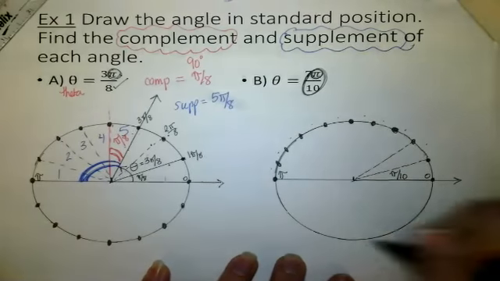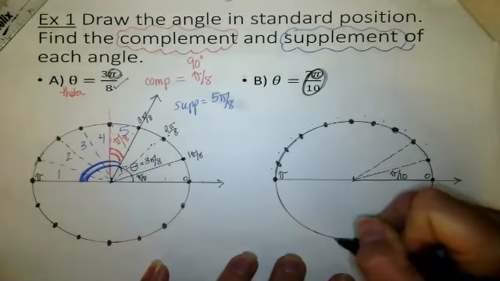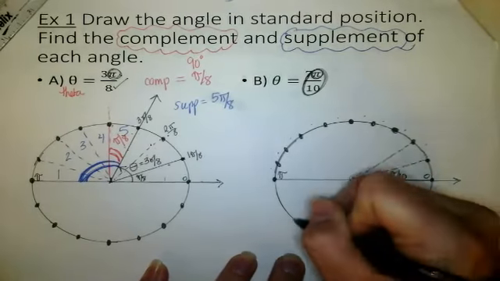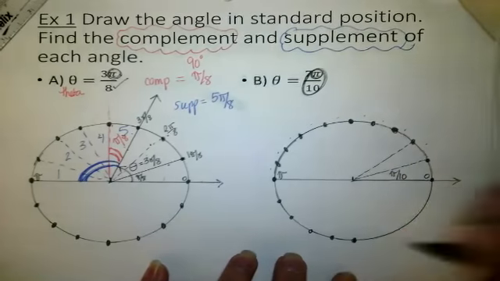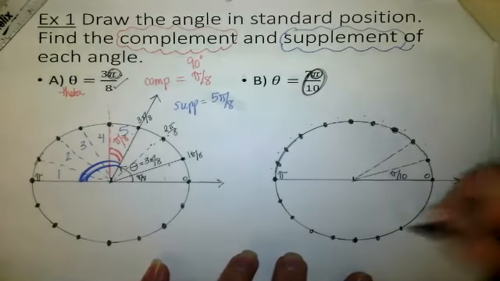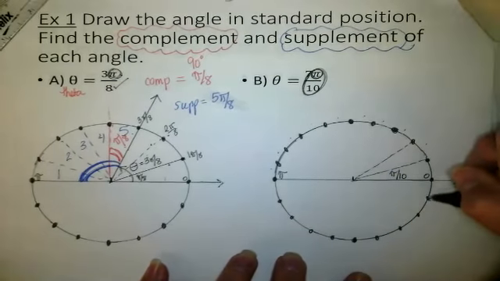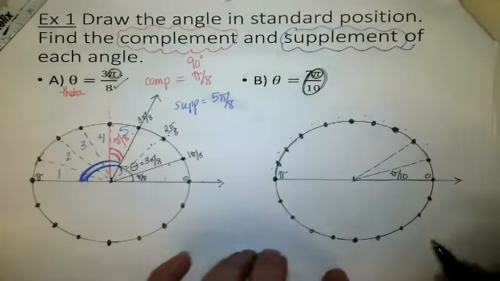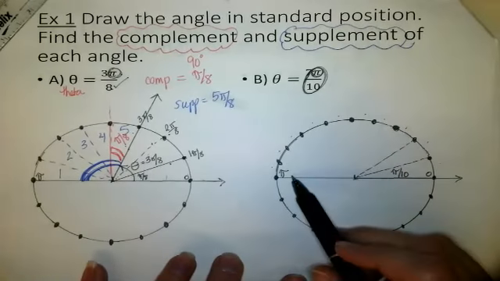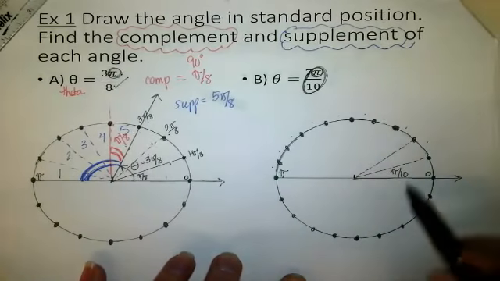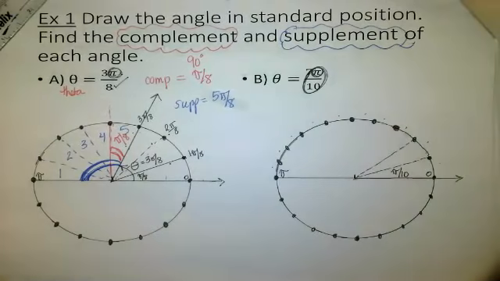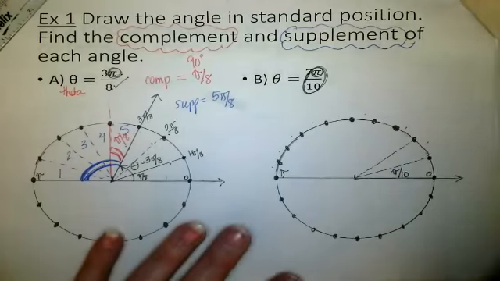I'm going to go ahead and do that just for practice. 1, 2, 3, 4, 5. That was much better on the bottom half of my circle. If there's 10 wedges on top, how many wedges make a full circle? 20 wedges. It's important to think like that. All right, so I'm going to draw my angle now.